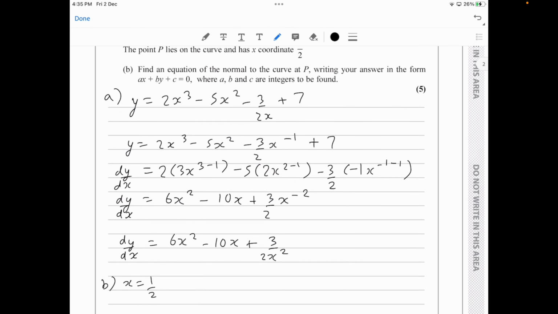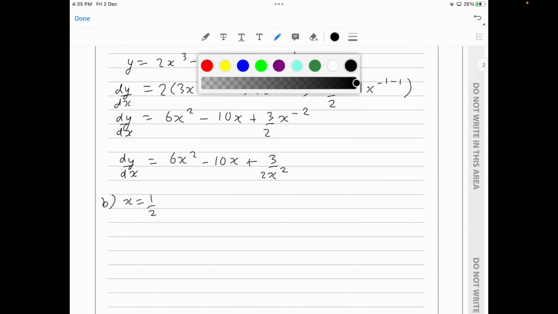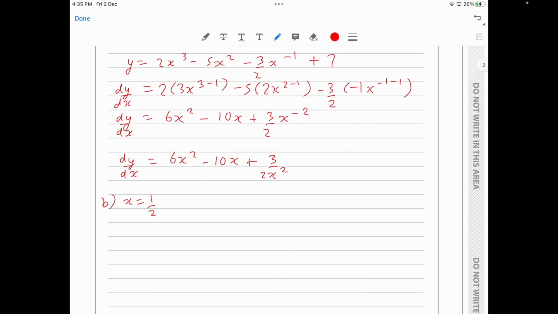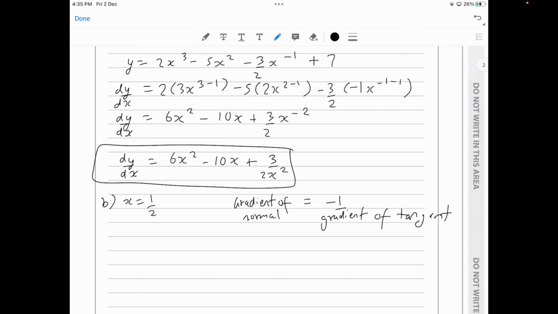So the first thing I would like you to do is remember a nice little formula that we can use here: the gradient of a normal is equivalent to negative 1 divided by the gradient of a tangent. What I mean by that is we're going to use our dy over dx expression from part a, and we're going to substitute the value of x into that equation.